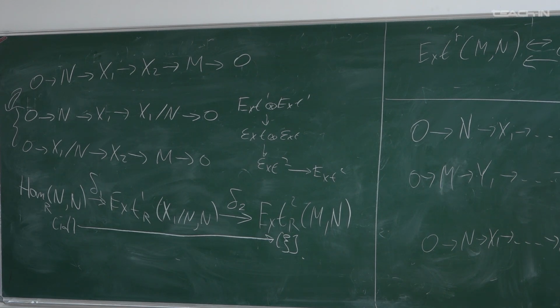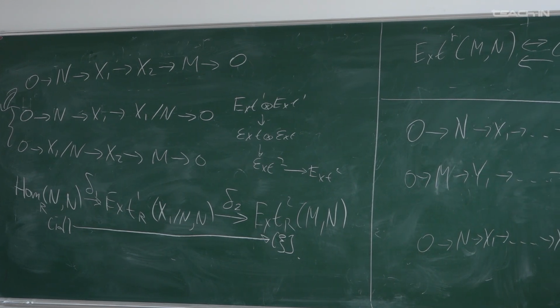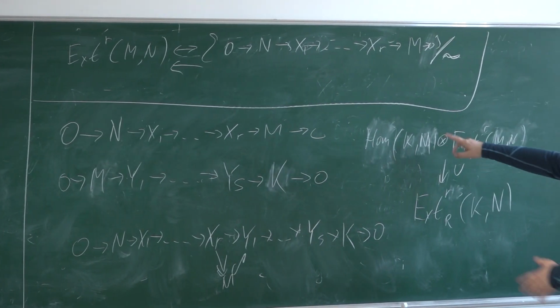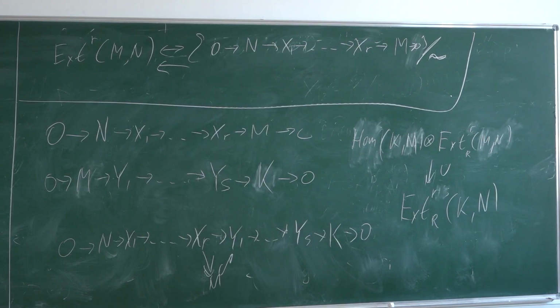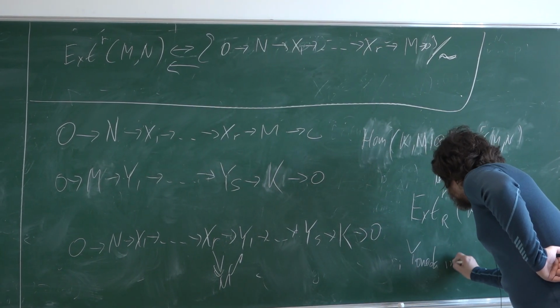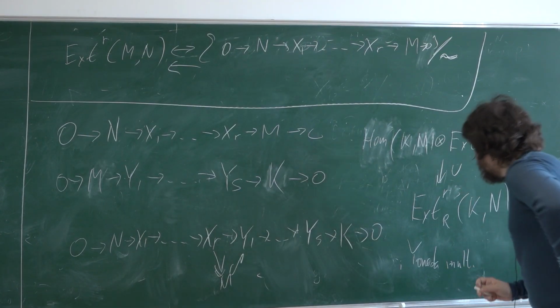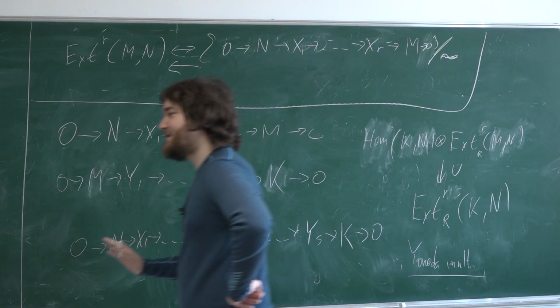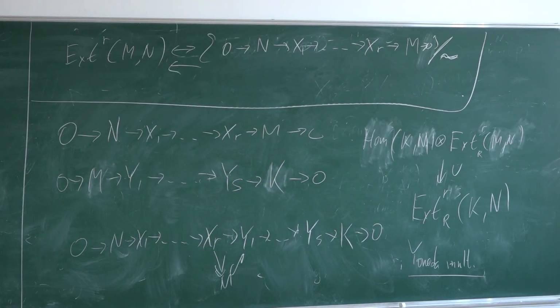It's more or less obvious, in fact. You can move Hom from the left and from the right. It's unit multiplication, multiplication on Hom, on Ext. On Tor, multiplication is a much more subtle story.